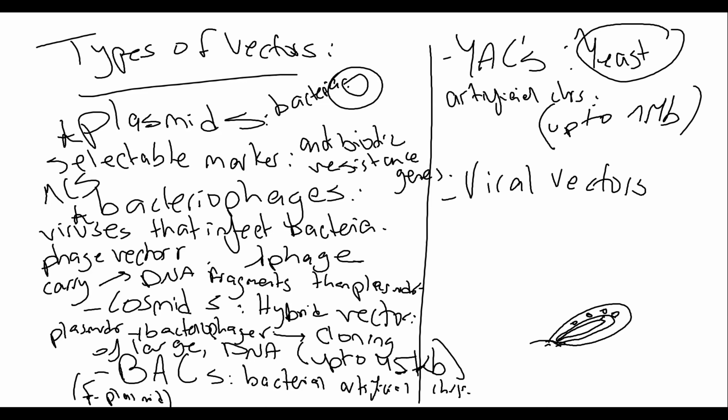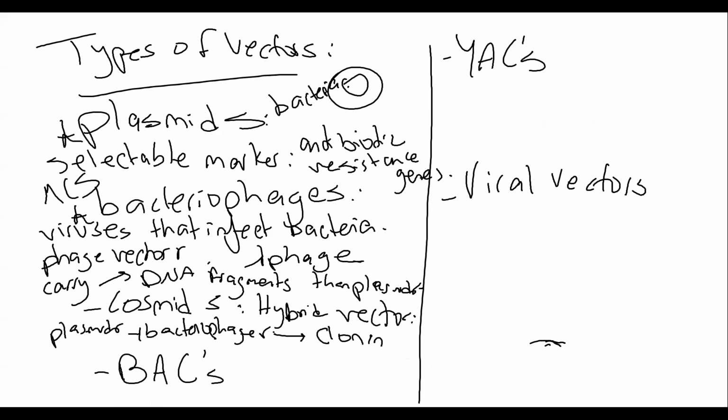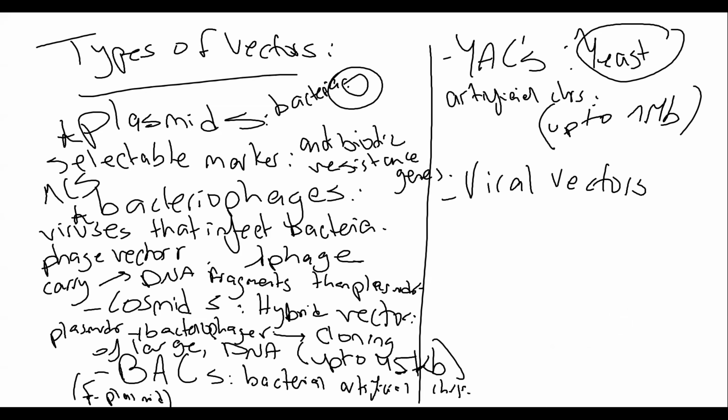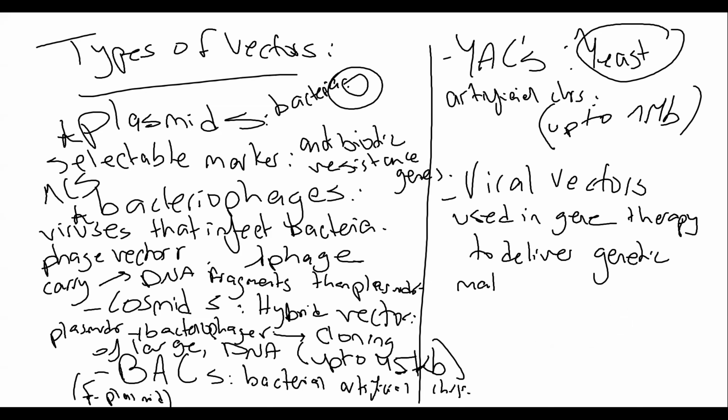The last kind of vectors that we must know are the viral vectors. The viral vectors are used in gene therapy to deliver genetic material into human cells. What are examples of viral vectors? So let's write first the definition. They are used in gene therapy to deliver genetic material into human cells.